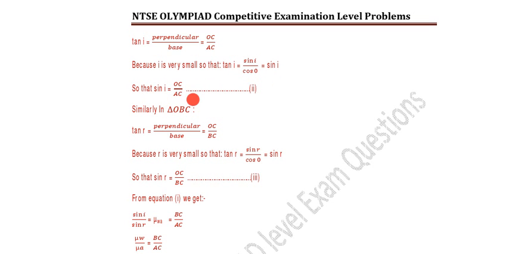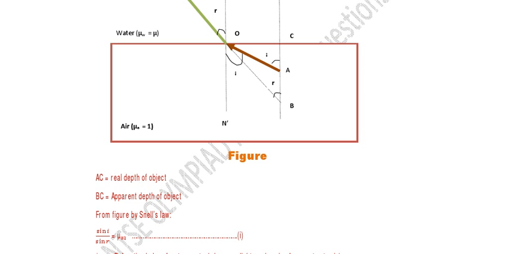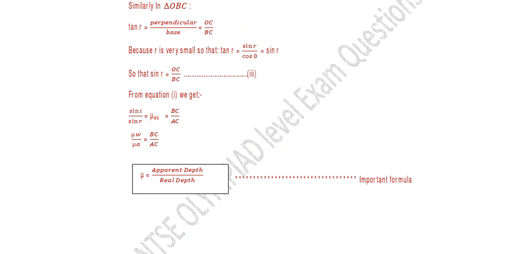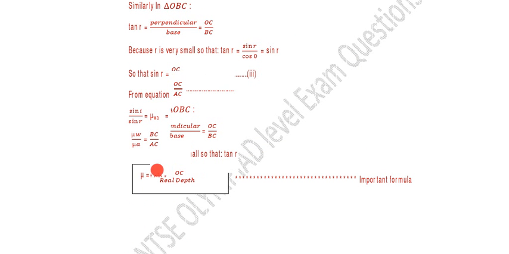Now take the triangle OBC. In triangle OBC, when I determine tan r, this tan r is equal to perpendicular by base. So perpendicular is OC and base is BC, OC divided by BC. Now again r is a very small angle, so I take tan r equal to sin r.